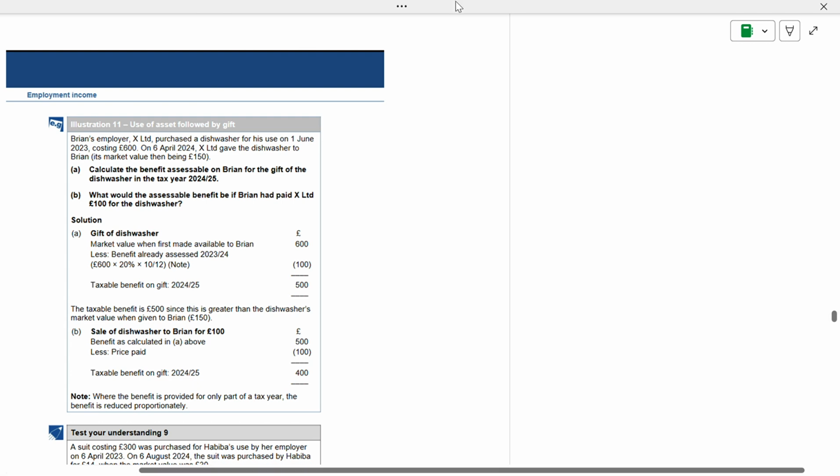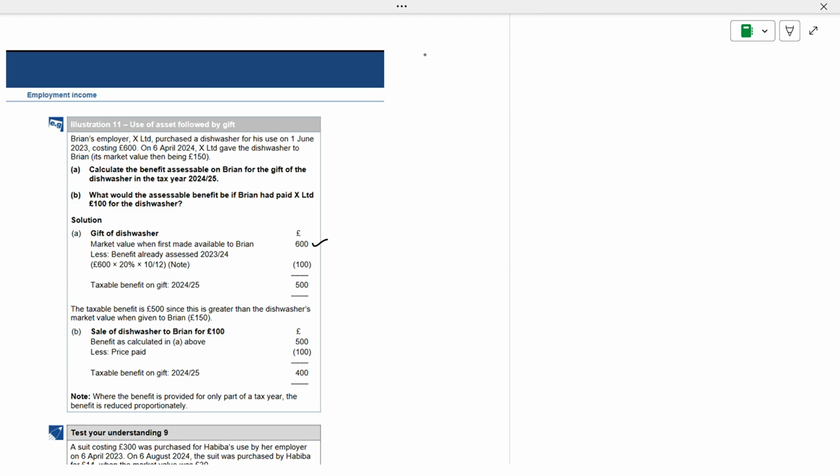See the thing. Just have a very detailed one. Brain's employer, X Limited, purchased a dishwasher for use on 1st June 2023, costing how much? 600.